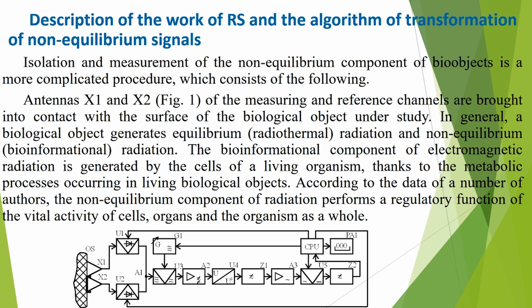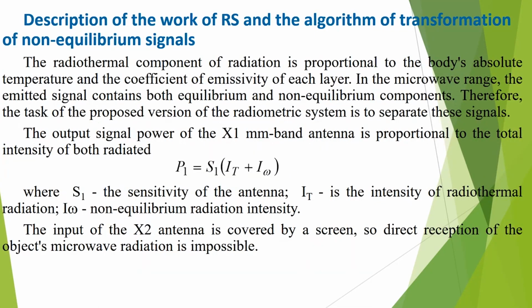According to the data of a number of authors, the non-equilibrium component of radiation performs a regulatory function of the vital activity of cells, organs, and the organism as a whole. The radiothermal component of radiation is proportional to the body's absolute temperature and the emissivity coefficient of each layer.